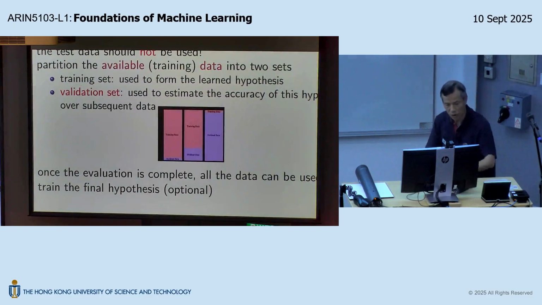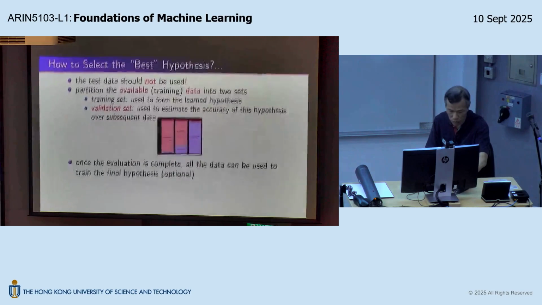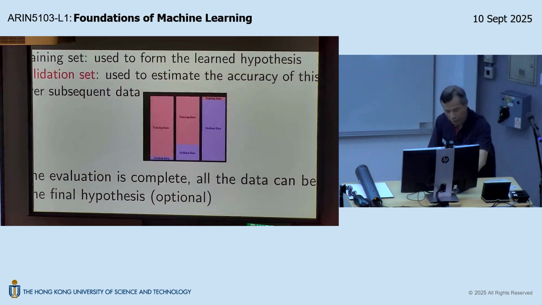But of course, how to draw this line? This is subjective. If the data set is very big, then this may not be very important. But if the data set is small, then you should avoid using this kind of partitioning.